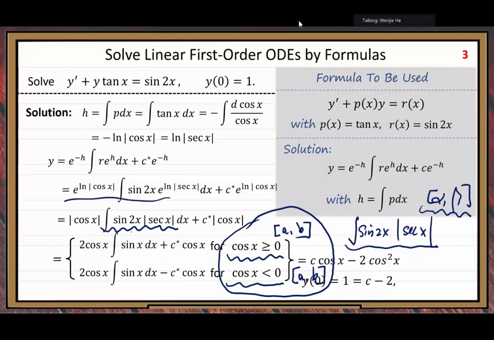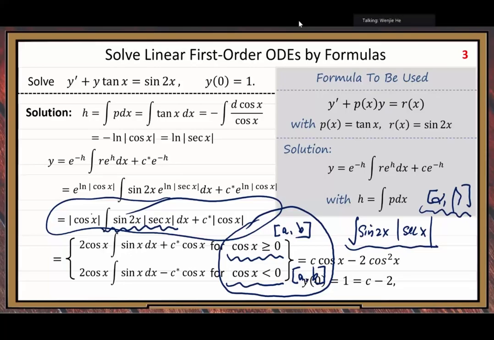This is our final form. So be careful in this situation. What is the given interval? That's the complex part.